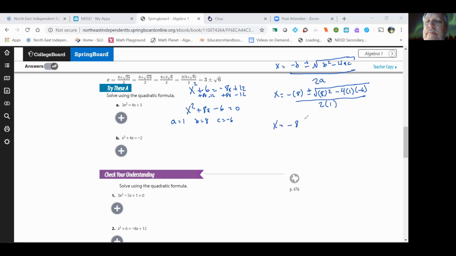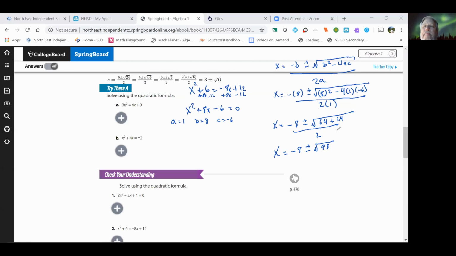That's negative 8 plus or minus square root of 8 squared is 64. It's going to be a plus because I have a minus and a minus. And 4 times 6 is 24. All that over 2. Go a little further, it's negative 8 plus or minus the square root of, well, 64 and 24 is 88.